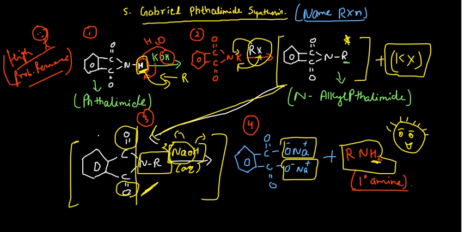Okay, so I want to mention one thing here. Pethelmide on treatment with ethanolic potassium hydroxide forms a potassium salt. Potassium salt means KX that we have studied. So what's new in that? Well, the new thing is aromatic primary amines cannot be prepared by this method.